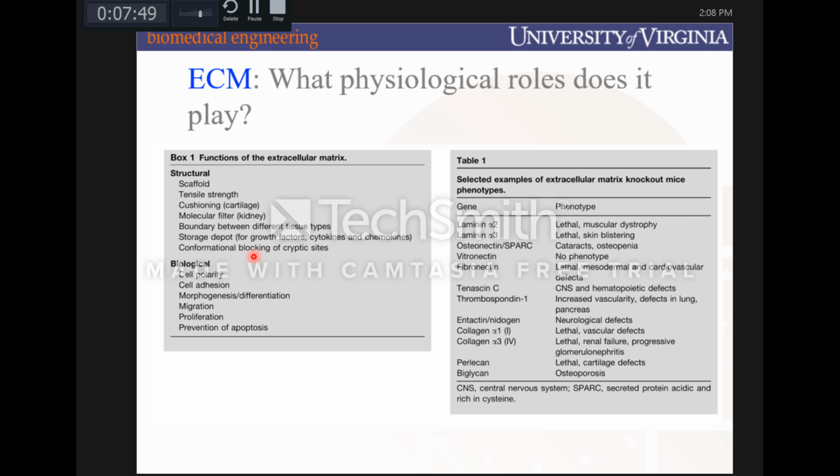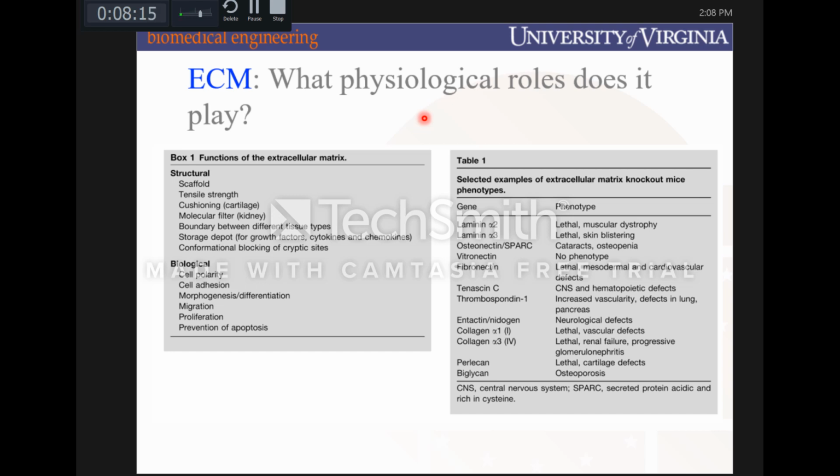So what physiologic roles does extracellular matrix play? And the answer is all of them. So structurally, you're not just a pile of cells, because if you were, you'd kind of just be a puddle in your chairs. All of the organization of your body, every tissue feature, your eyes, your lungs, all of it is dictated by the extracellular matrix structure and organization.